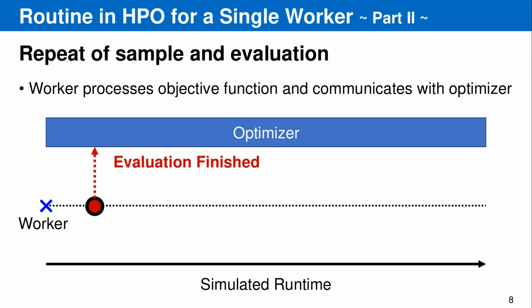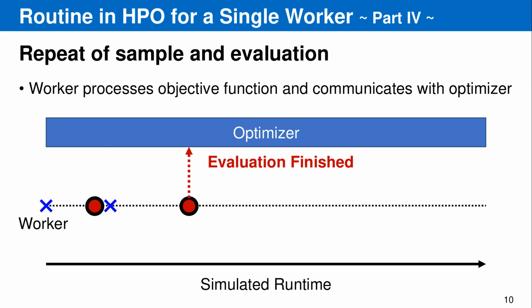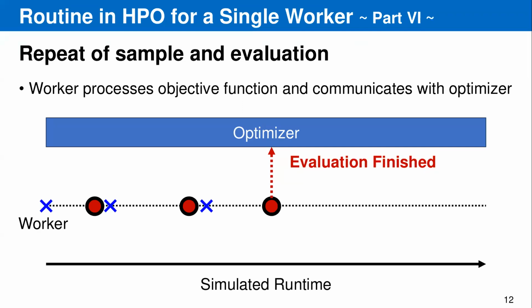Then, we wait until the evaluation finishes and return the result to the optimizer. After collecting the result, we sample another hyperparameter configuration. The optimizer takes its result, samples, takes its result, samples. Then the optimizer waits till the end of the final evaluation.